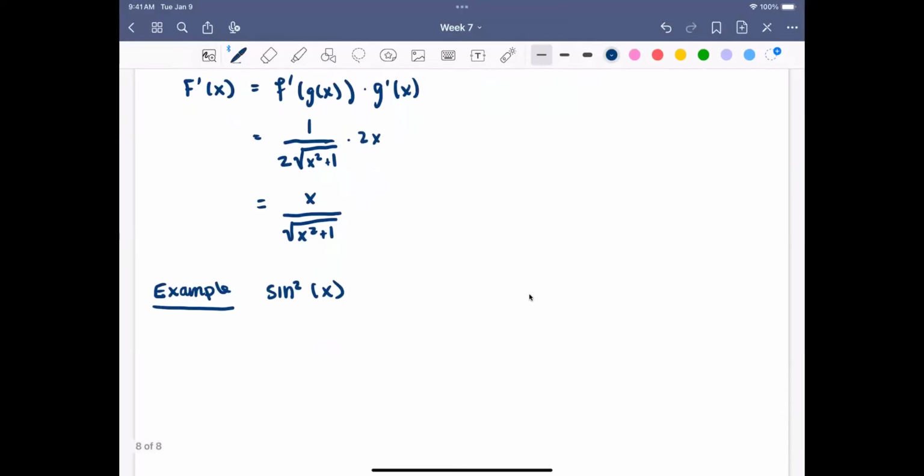So let's do strategy 1. Let's do product rule first. So I'm thinking of this as sine x times sine x. Okay, so for the product rule, what do we need to do? Yeah, like first times derivative of second plus second times derivative of first.